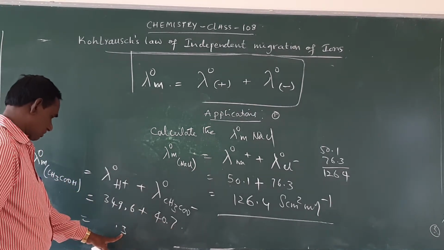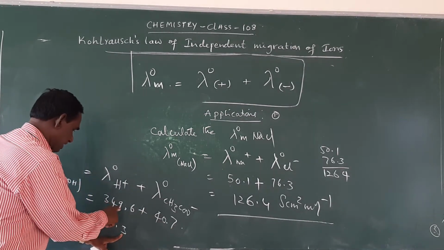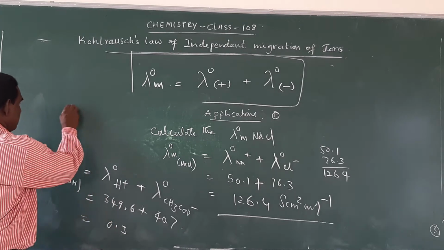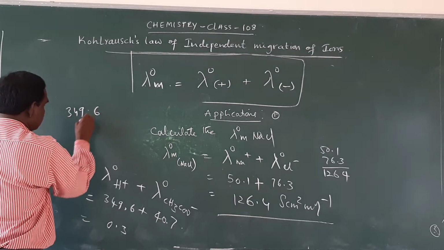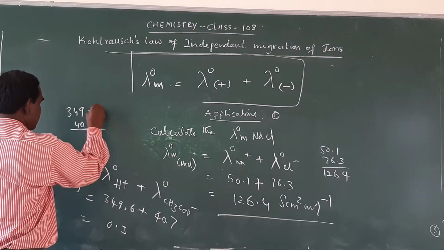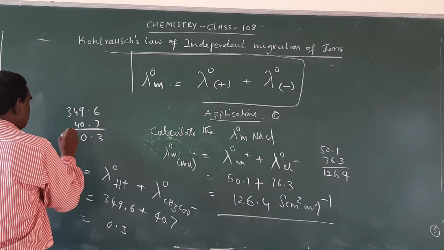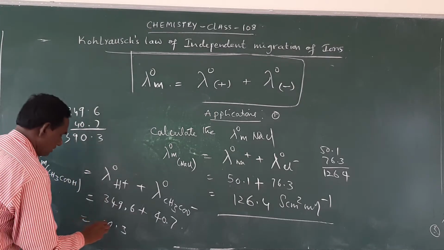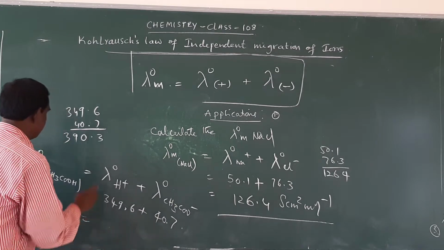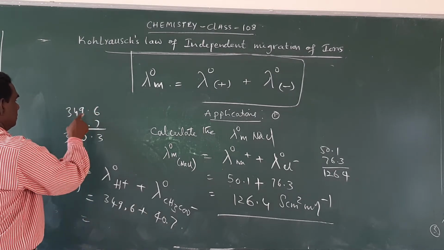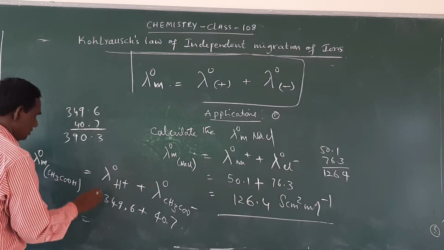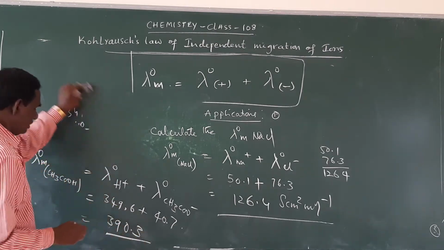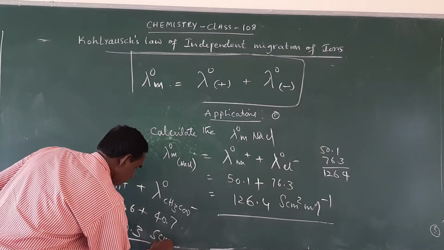If you add these, 349.6 plus 40.7 gives 390.3 Siemens centimeter square per mole.